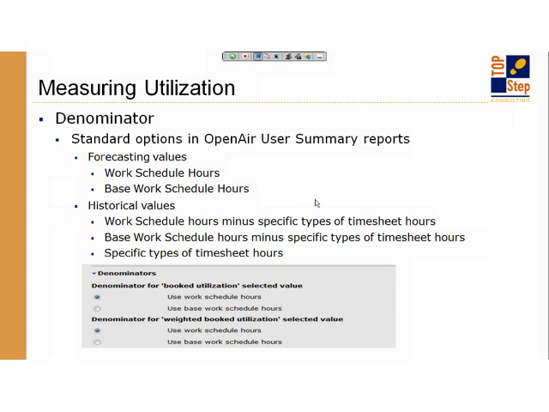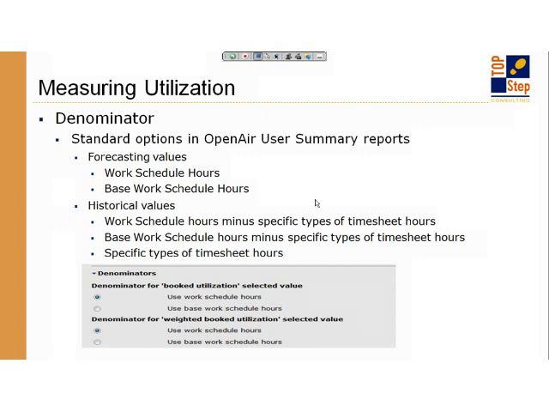Another historical value is a specific types of timesheet hours. So I only want to include billable or non-billable time type activities in my available hours denominator, because I'm doing a percentage of billable versus non-billable breakdown, and I want the denominator to just have the time that was put on the timesheet.